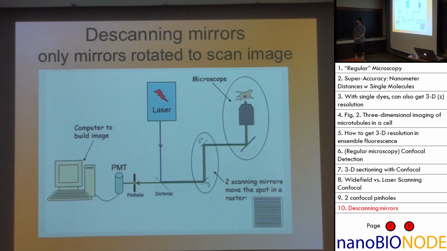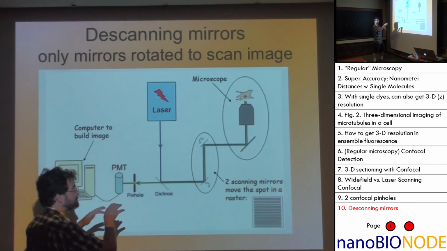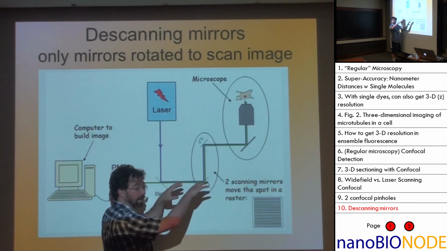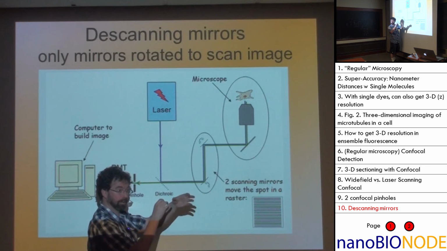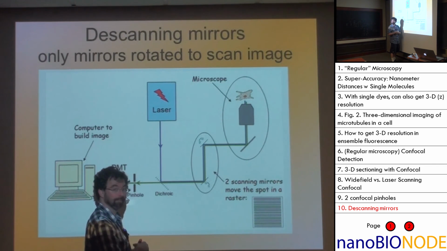Okay. Yeah. So is there a limit in resolution that's imposed by the number of mirrors that you have available in this case? You're talking about the spinning disk now? Well, the advantage of the spinning disk is that you're exciting not just one confocal spot, but 2 or 3 or 100 of them.